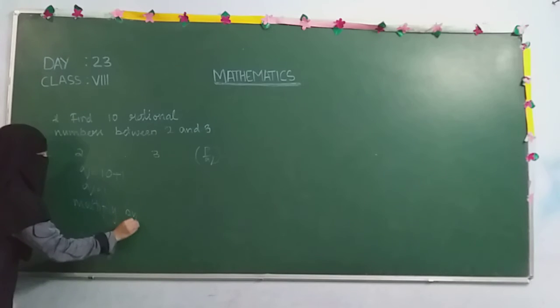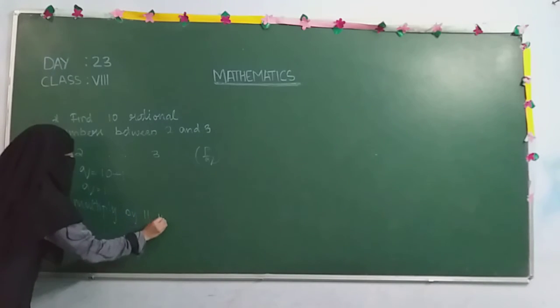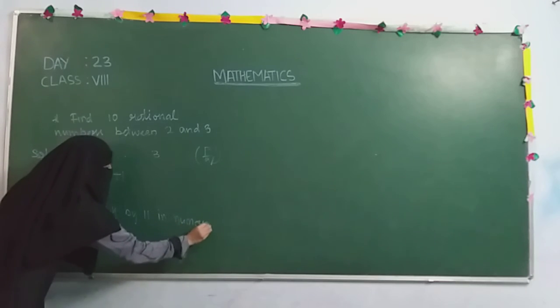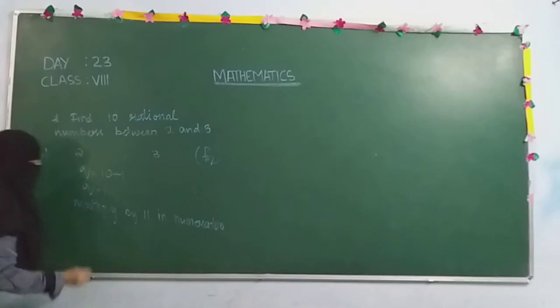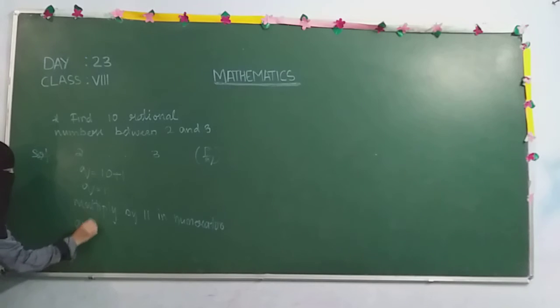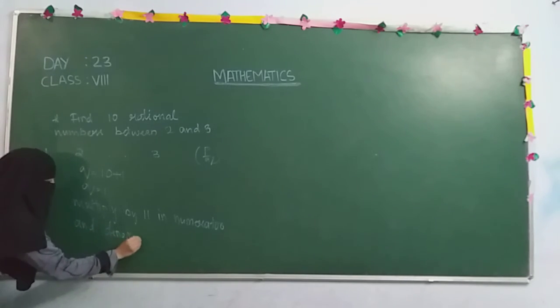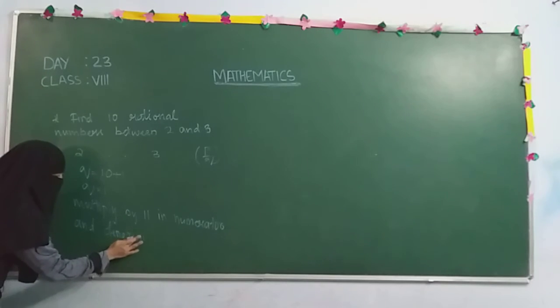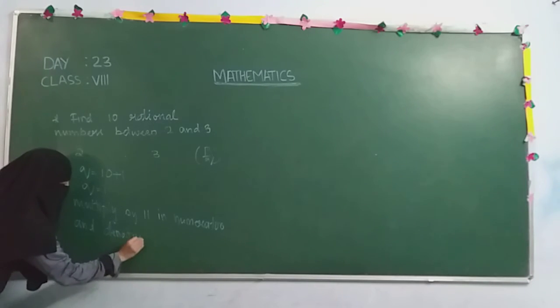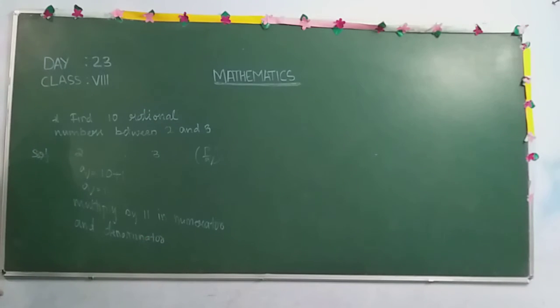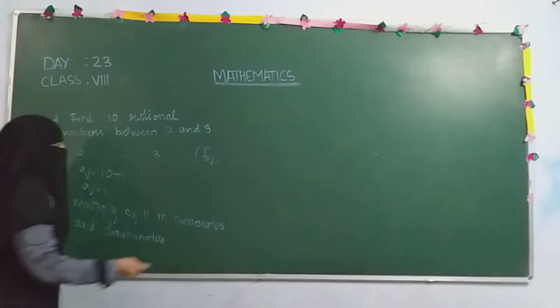Multiply by 11 in numerator and denominator. To whom are we multiplying? To this 2 and 3.